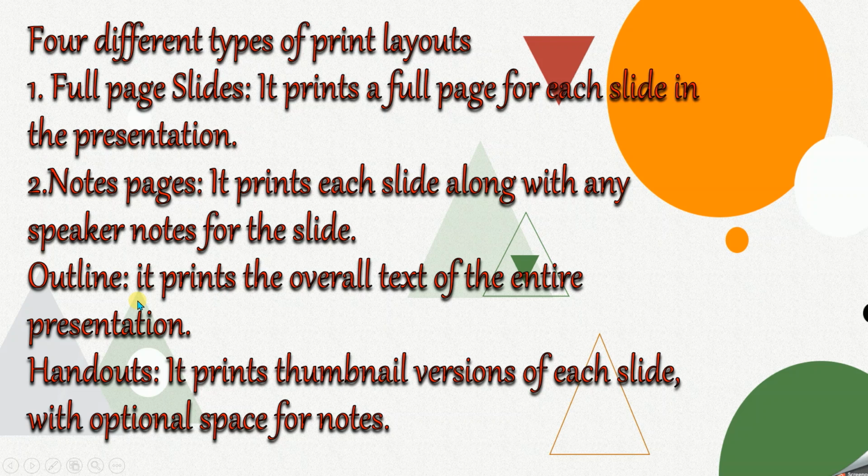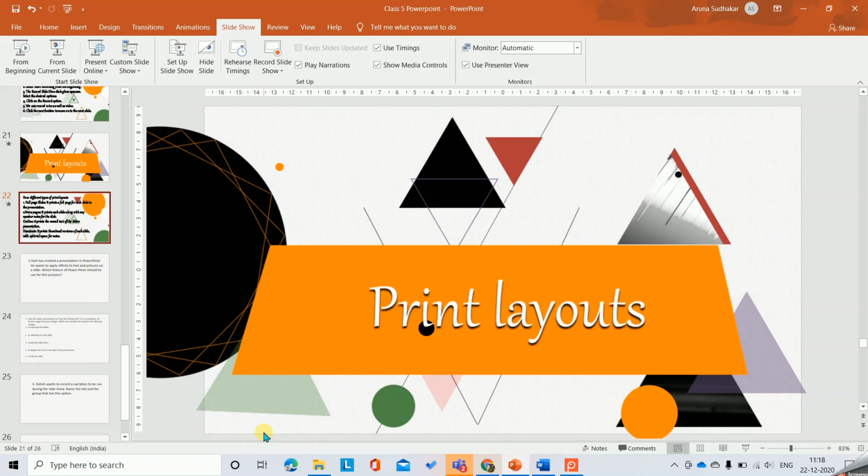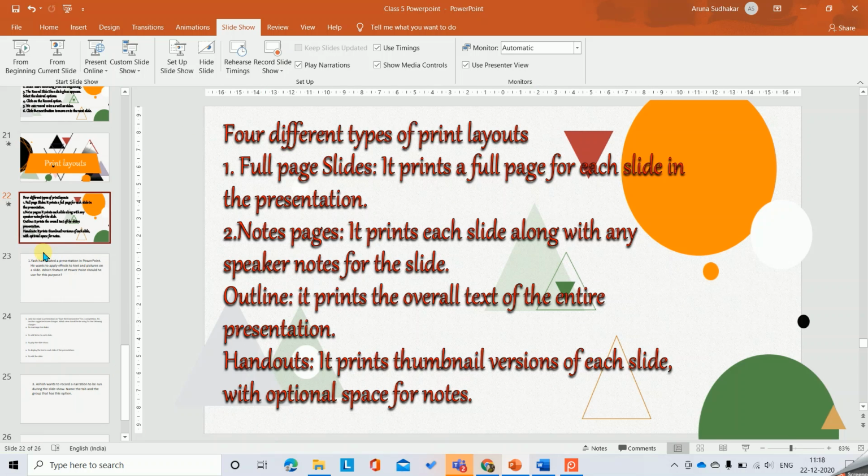In the outline we can print only the text of the entire presentation. Handouts are nothing but a thumbnail version of each slide with optional space for the notes. Let's see the options of different types of print layouts.